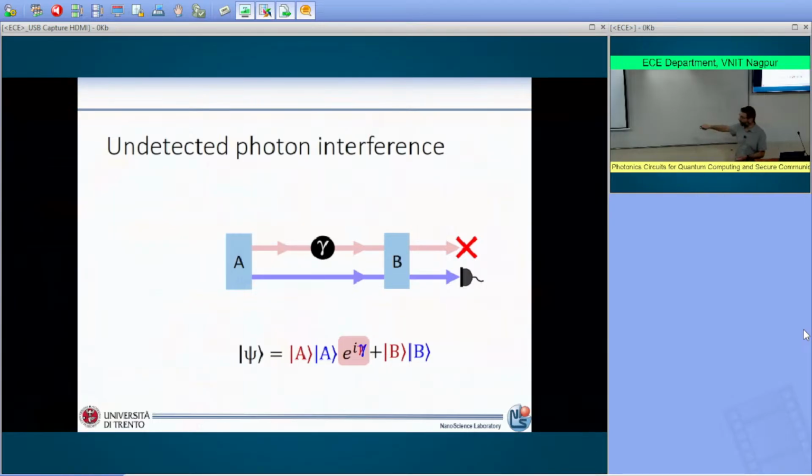And therefore, by measuring the blue photons only, we are able to measure this phase shift, which means that we are able to measure what the red photon has observed. Is it clear? Any question here?